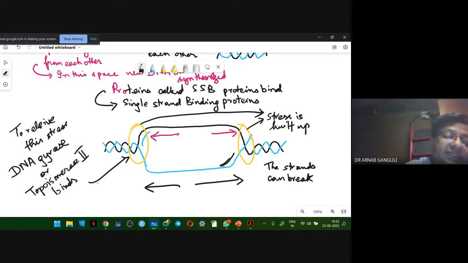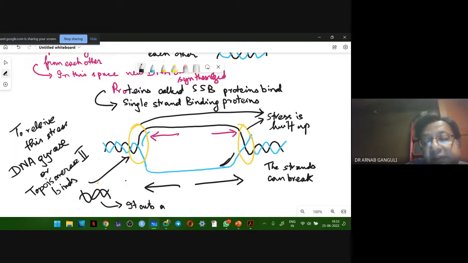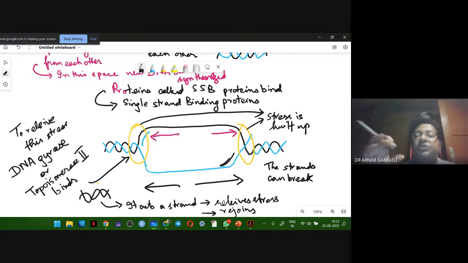What it does is, there are two strands. It cuts one strand, relieves the stress, and joins it again. So this topo 2 actually removes the stress.